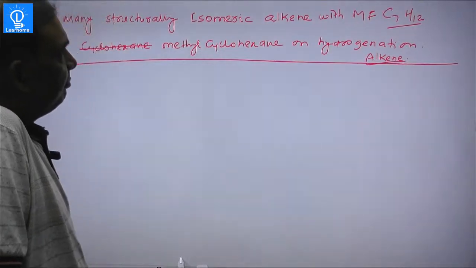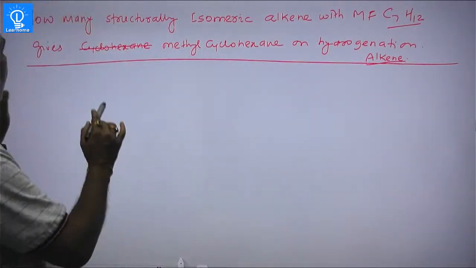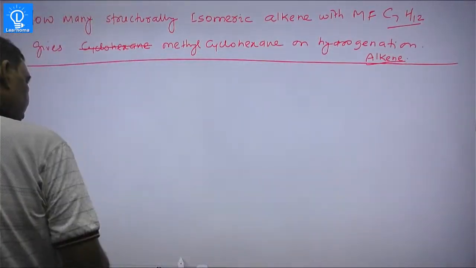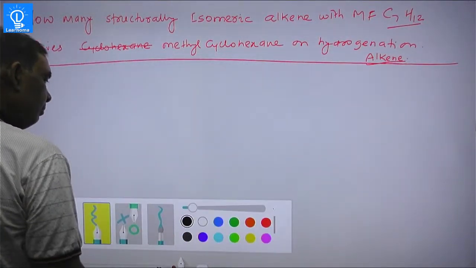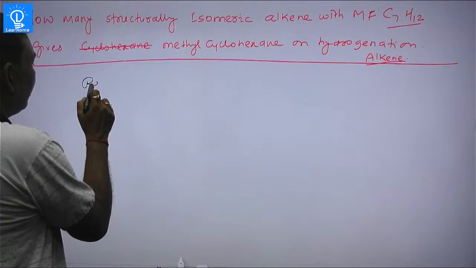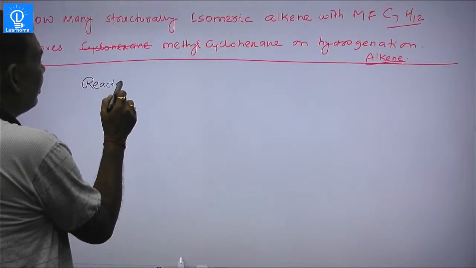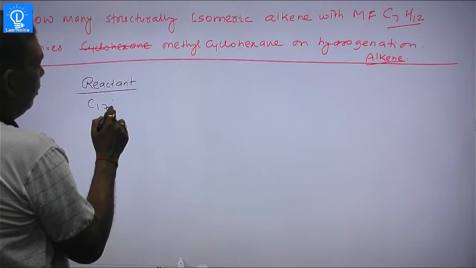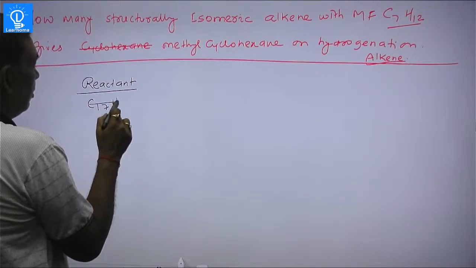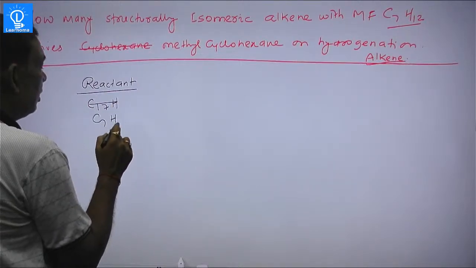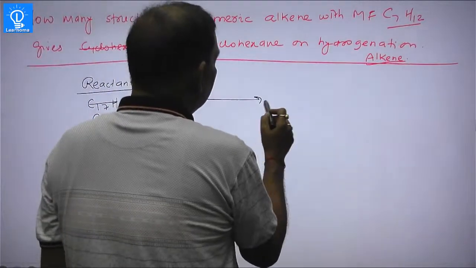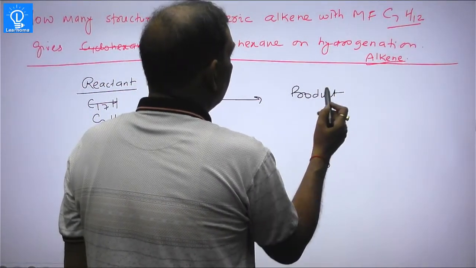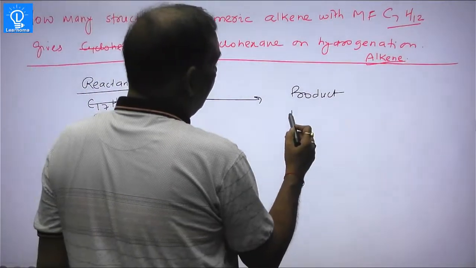See, how many structurally isomeric alkene molecules from this one? The reactant is C7H12. Product is methylcyclohexane.